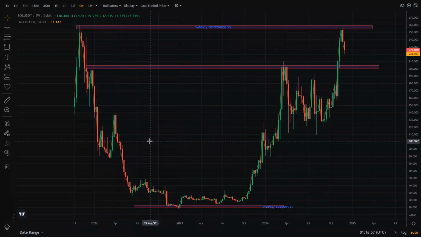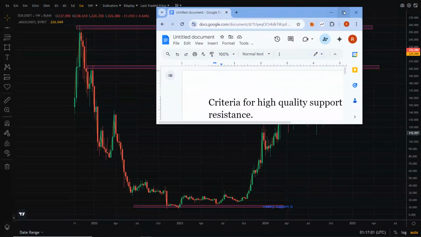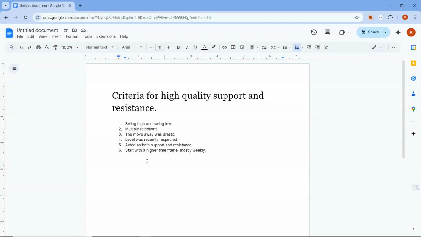So let's follow the rule. Number one, we are working on the swing high and the swing low. We've recognized the swing high and the swing low, and in between, we must recognize other levels of support and resistance.